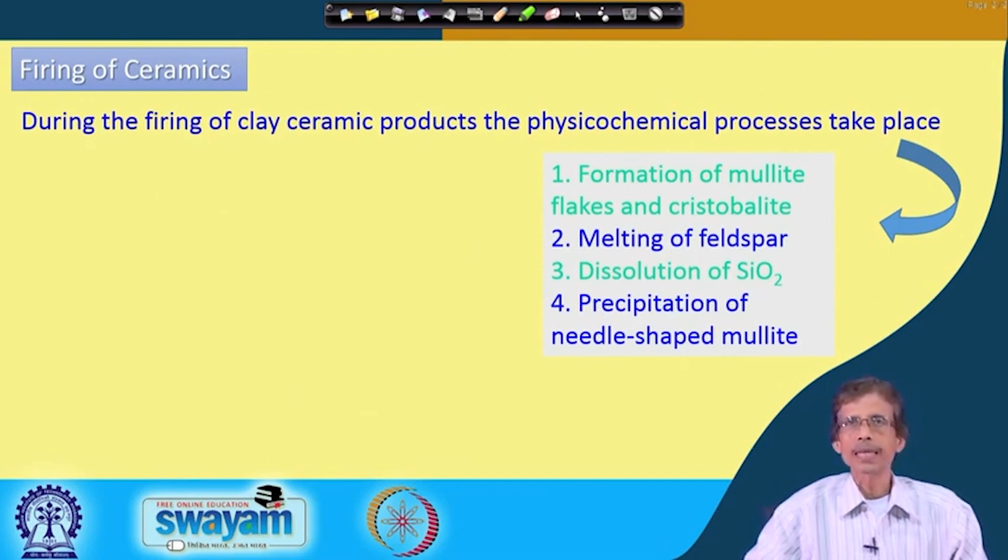Then at this time there is the other variety, which is your quartz. The quartz can also dissolve in this molten state. It is like what we do in the chemistry laboratory: we mix the solid sample, put some solvent in it, and mix it to get the solution.